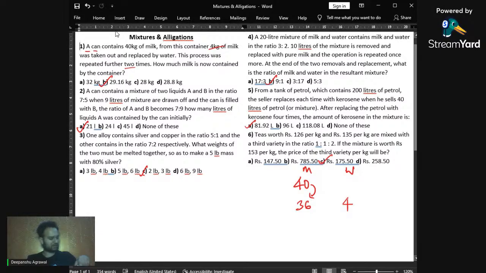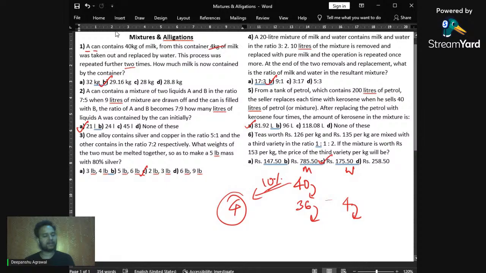Now the most important point of this question is here. If I am taking out 4 liters, that is 10% of the total quantity, so I'll be taking out 10% milk and 10% water.